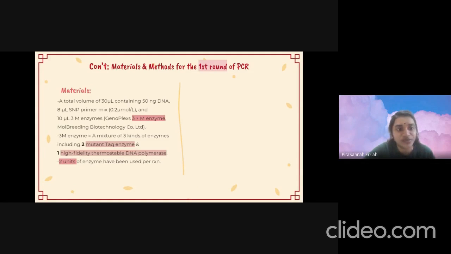The 3M enzyme is actually a mixture of 3 kinds of enzyme, including 2 mutant Taq enzymes and 1 high-fidelity thermostable DNA polymerase. They use 2 units of enzyme per reaction.